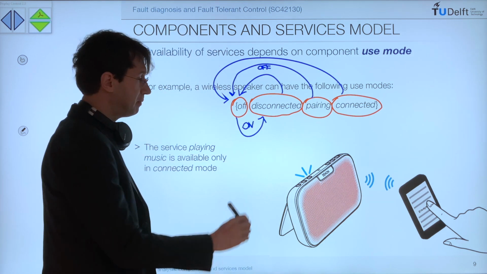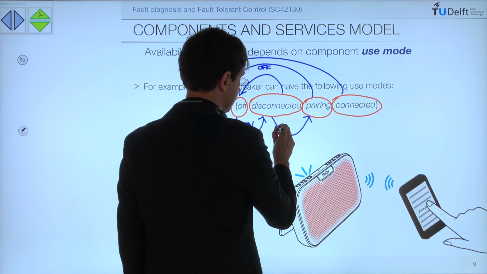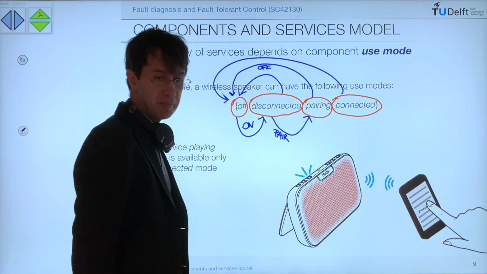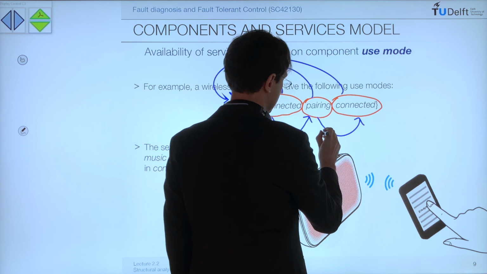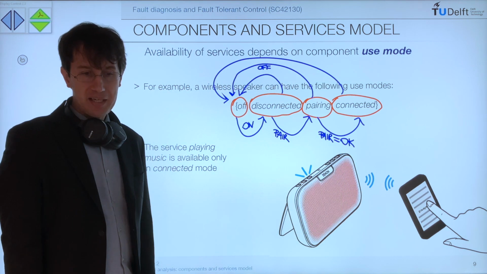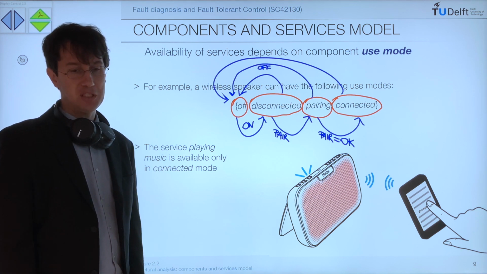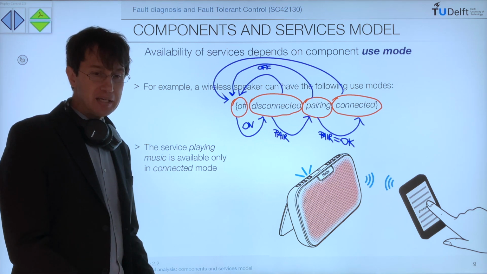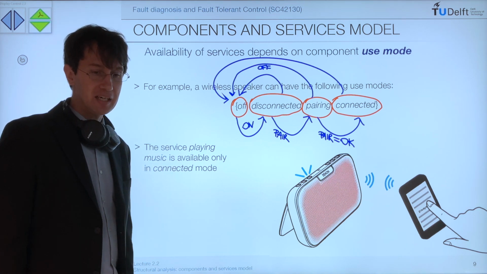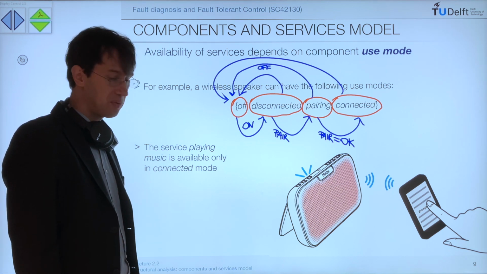If you push the pair button that you have on your speaker, you go into pairing. And if pairing is successful, you go to connected. This event-based behavior is exactly what finite state machines were born to describe. Components in this model are described using a state machine that tells you how you can switch from one use mode to another.